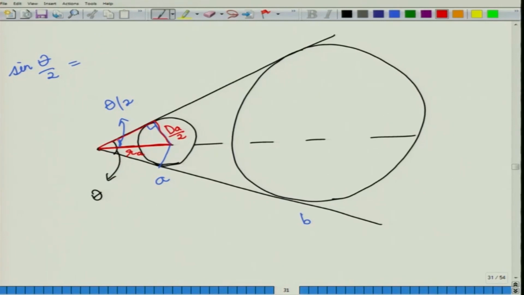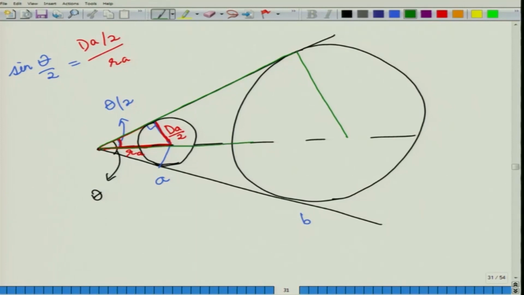So, sine of theta by 2, the sine of this angle will be equal to the height divided by the hypotenuse. So, this is equal to dA by 2 divided by RA, where RA is the distance of this tree from the point of observation. Now, this was for the first circle or circle A. So, now let us look at the other circle.